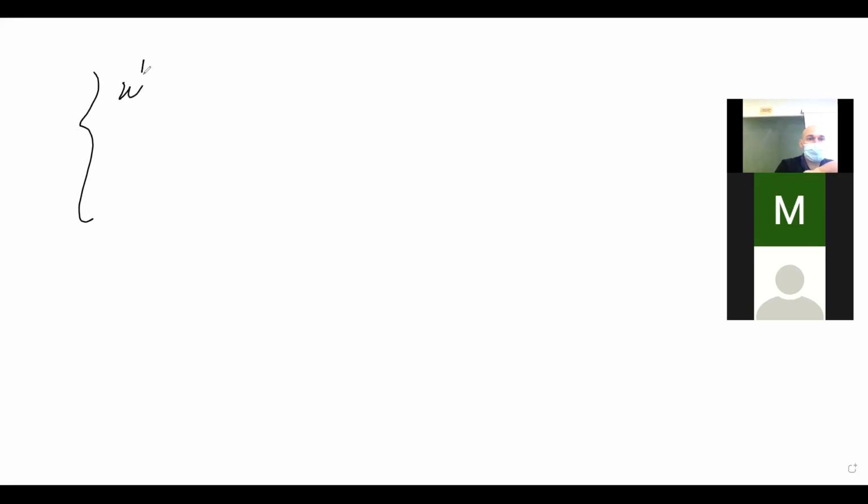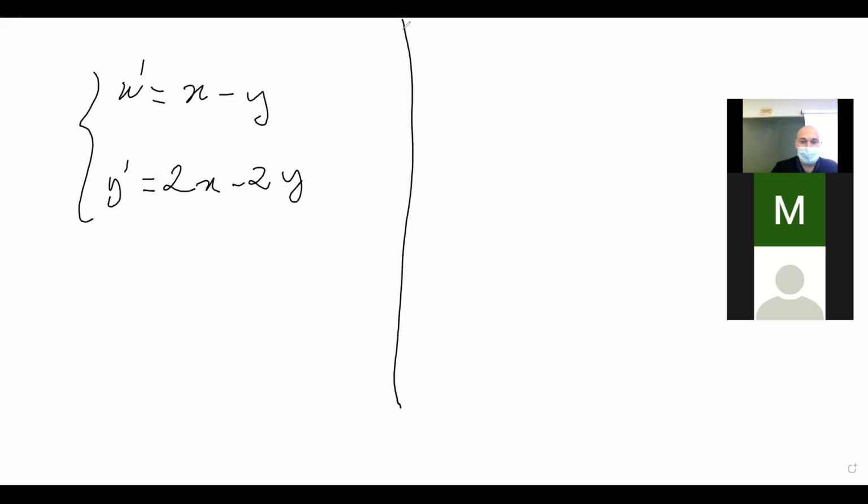Okay, so let's do that. We are looking at x prime equals x minus y, and y prime equals x minus 2y, right? You can see that the matrix has determinant 0, which means that 0 is an eigenvalue. But let's do the job as usual.